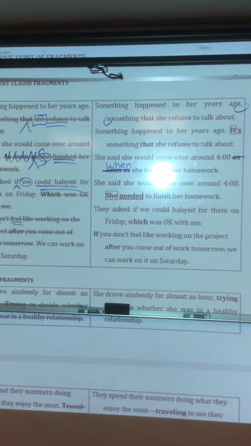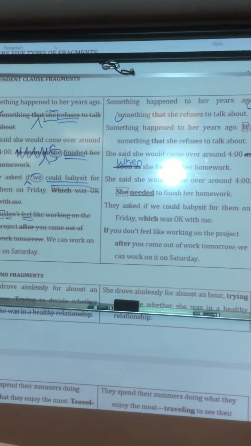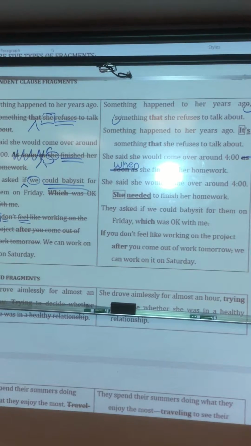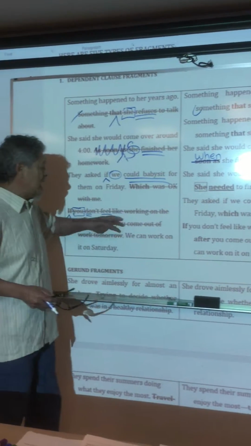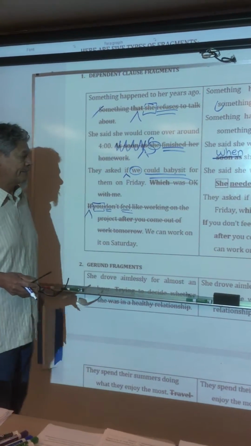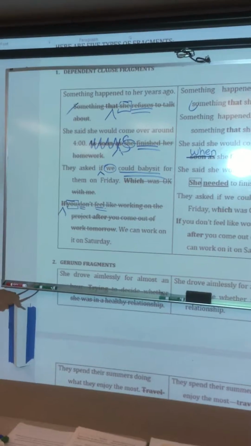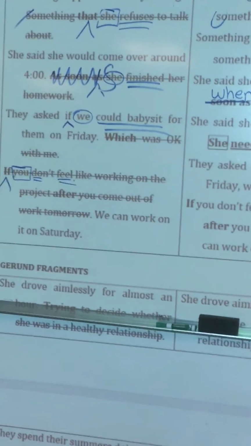Okay, so Guadalupe, this example. The fragment is at the beginning, and so how was the problem resolved here? With what is that? The comma? A dash? A semicolon?